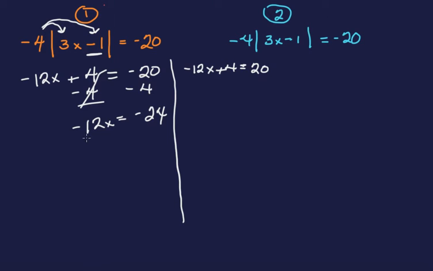And now I'm just going to divide both sides by negative 12. And what I come up with is x equals 2. And if I look back here and I just plug the 2 in here, 2 times 3 is 6, minus 1 is 5. 5 times negative 4 gives me negative 20. So I do know that this is a correct answer. It's a valid answer. It works.